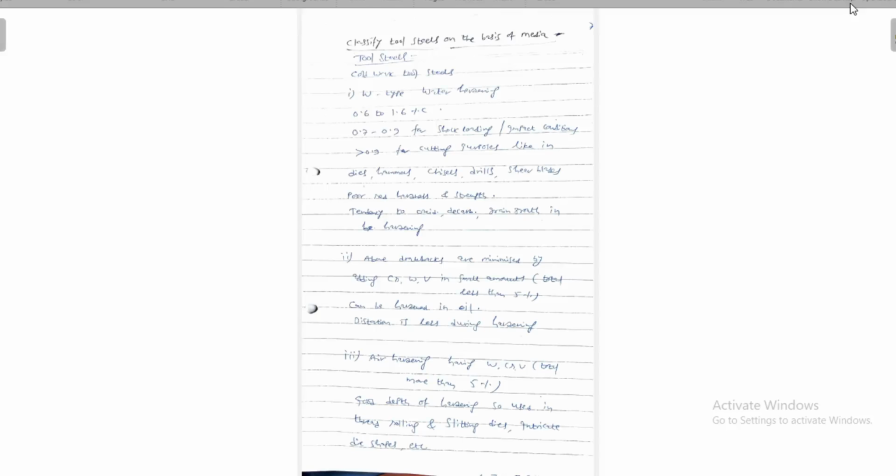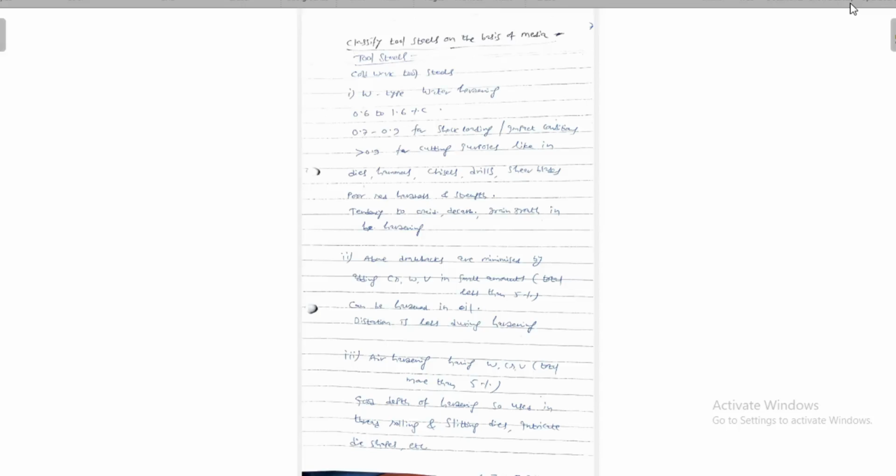Third category is air hardening tool steel. It will also have the same alloying elements like chromium, tungsten, vanadium, but the total amount of these alloying elements will be more than 5%. So even by air cooling, you can convert austenite into martensite.